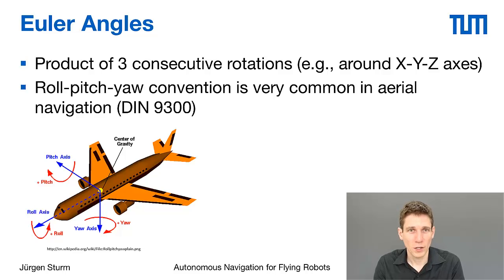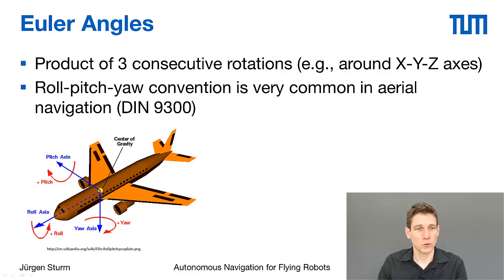The rotation is just a product of 3 consecutive rotations around a predefined order of axes. For example, you would first rotate around the x-axis, then around the y-axis, and then around the z-axis. Especially in aerial navigation, the so-called roll, pitch, yaw convention is very common.